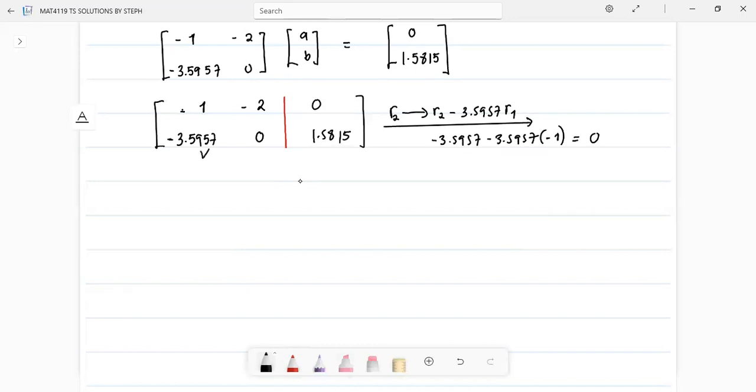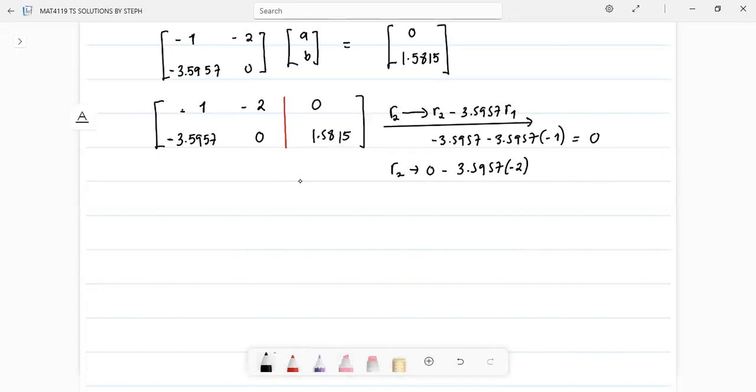So we have eliminated this value here. Now the next thing, let's change this 0 here. Our next element becomes 0 minus 3.5957 times row 2. Our row 2 element is simply negative 2 there.